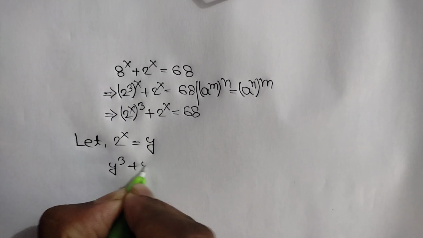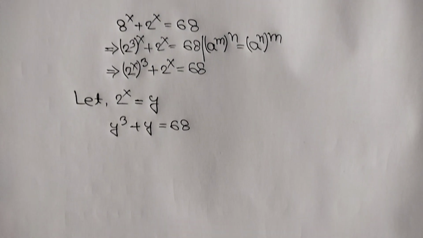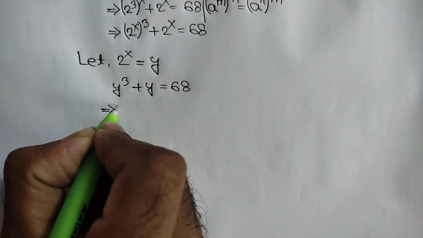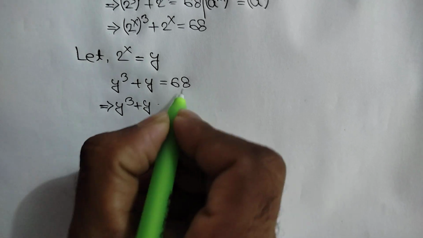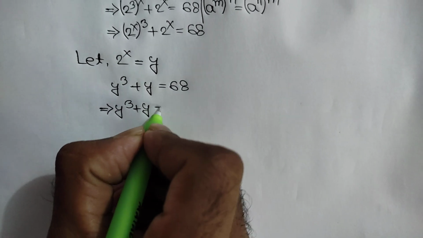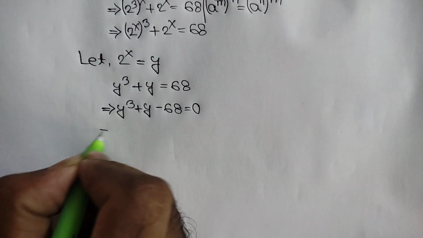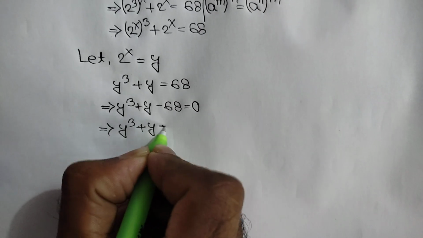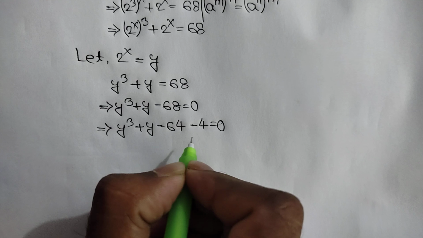Taking 68 to the left side, we get y cube plus y minus 68 is equal to 0, or y cube plus y, minus 64 minus 4, is equal to 0.